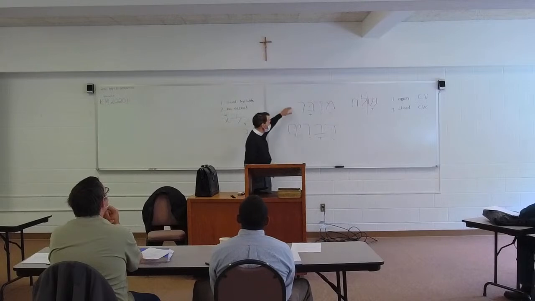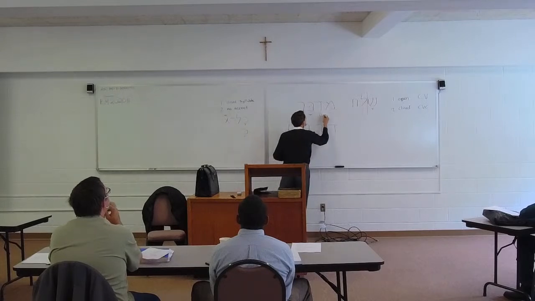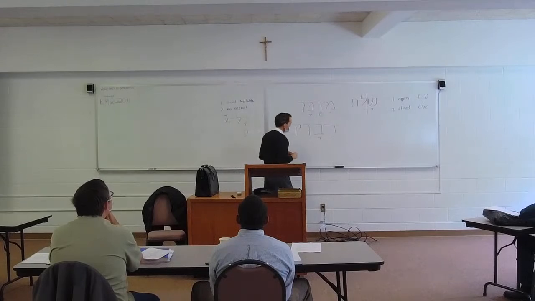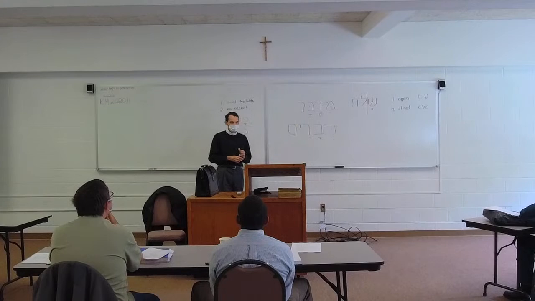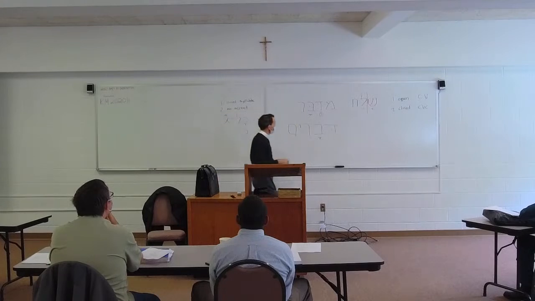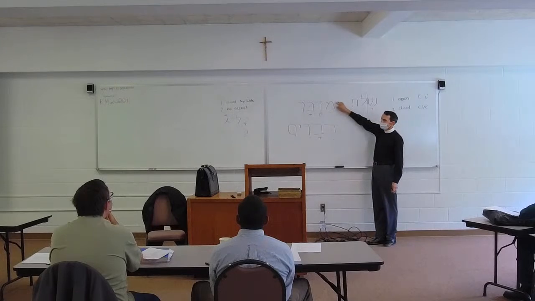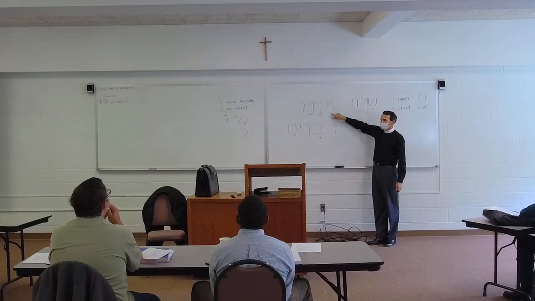Okay, let's look up here first. Let's identify the schwa. Here it is. Now, let's divide this up into syllables. So, let's sound it out first. What sound does this make? Mem makes an m sound. What vowel is this? Chirik.